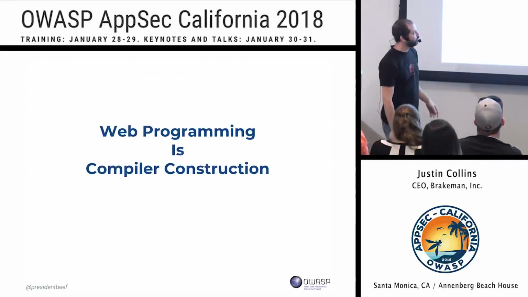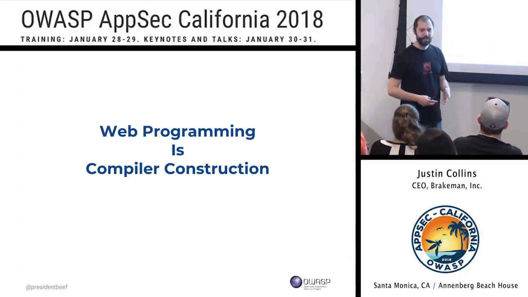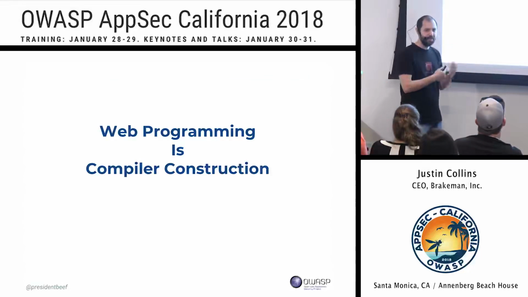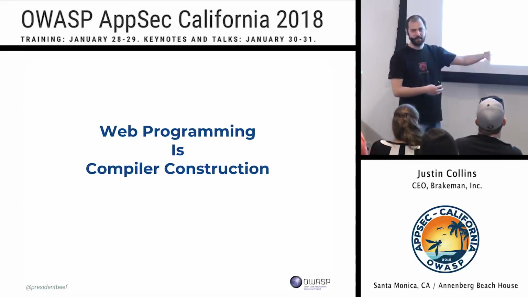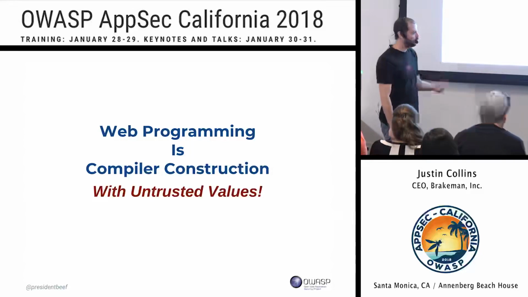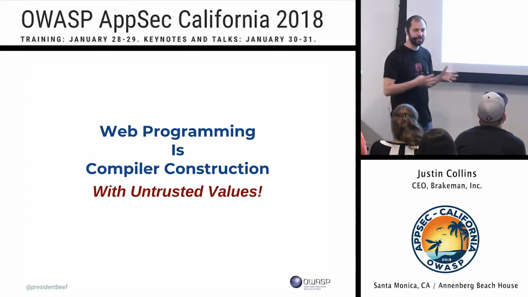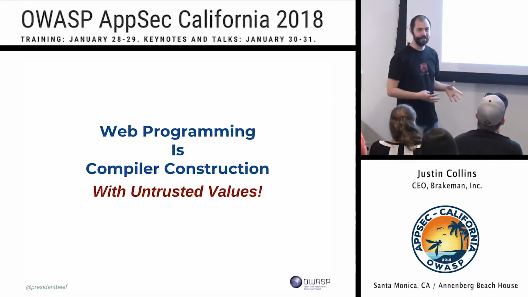So really, web programming is compiler construction. We're building a compiler that's going to take in inputs and generate code that's going to get interpreted and evaluated. However, unlike most compilers, we're doing it with untrusted values that are coming in.